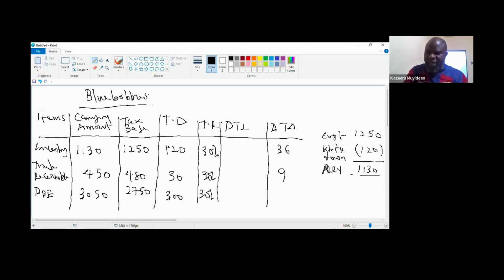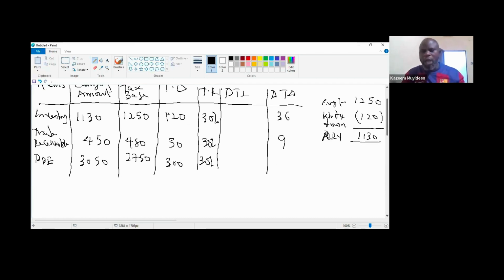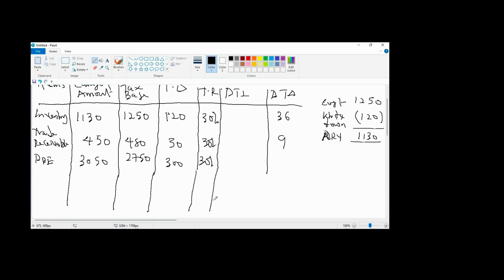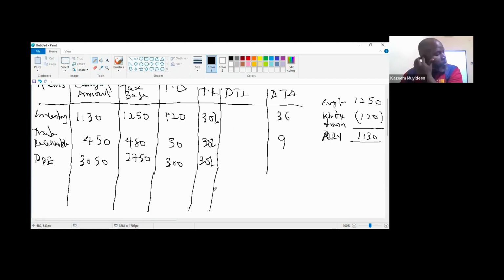Is it a deferred tax liability or deferred tax asset? Deferred tax liability, because the carrying amount is greater than the tax base. So 30% of 300 should give us 90.